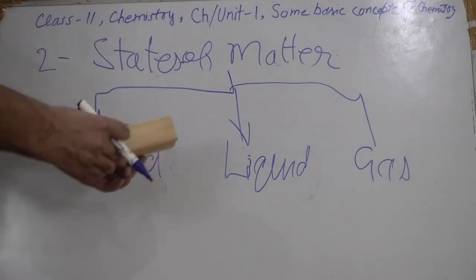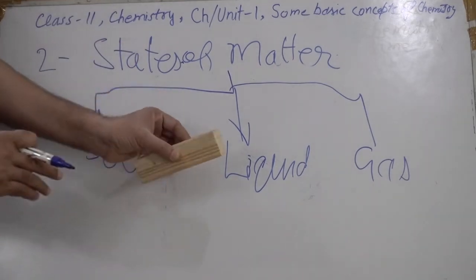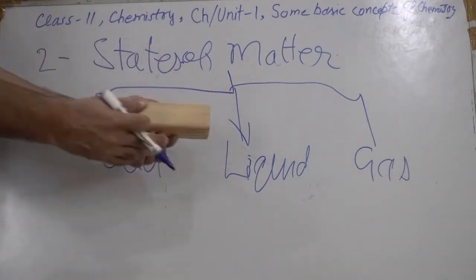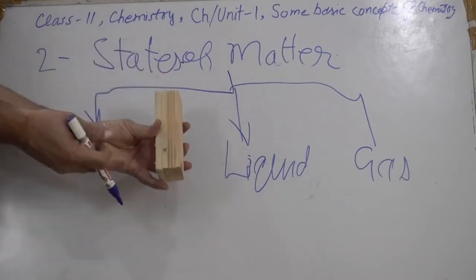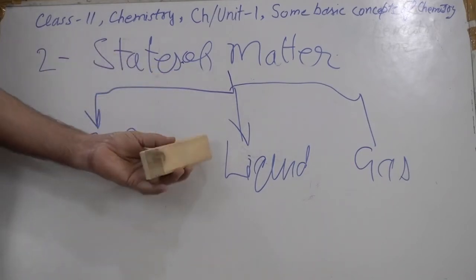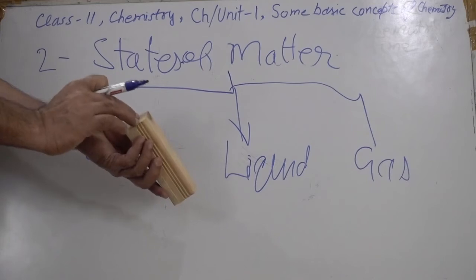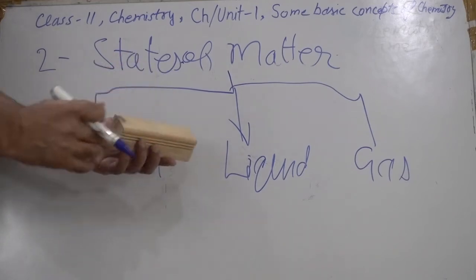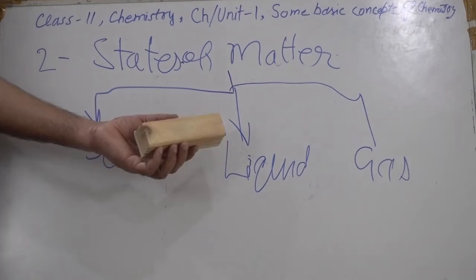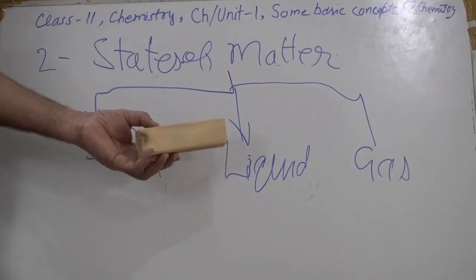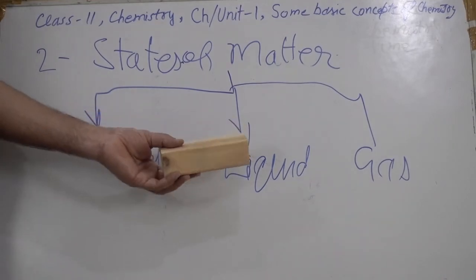That the volume of this duster, that is a definite volume. It has got a definite shape also, and it has a certain density also. If volume is definite, obviously it would have a definite density at a given temperature.